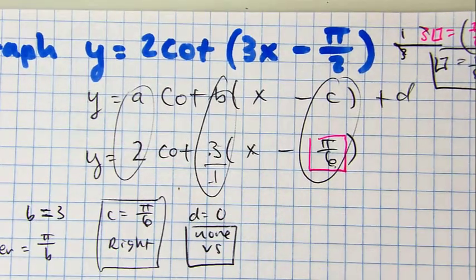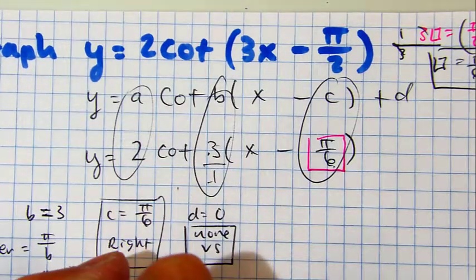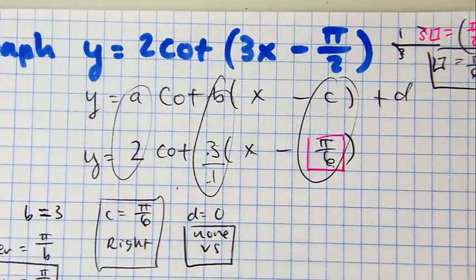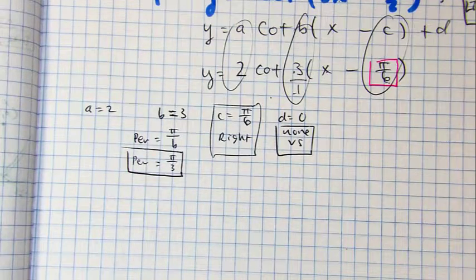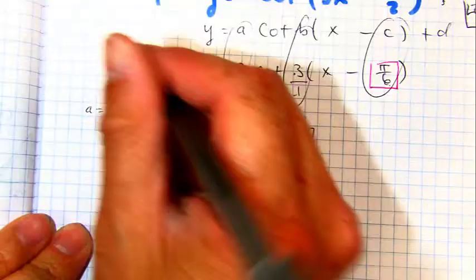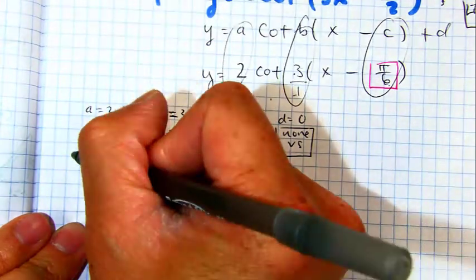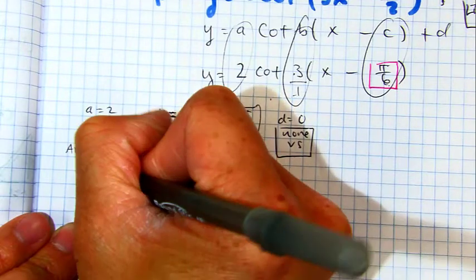Substitute in your B value, what do you get? Raise your hand if you got pi over 3. And Vita, what do we know about our A value? Is the amplitude 2?